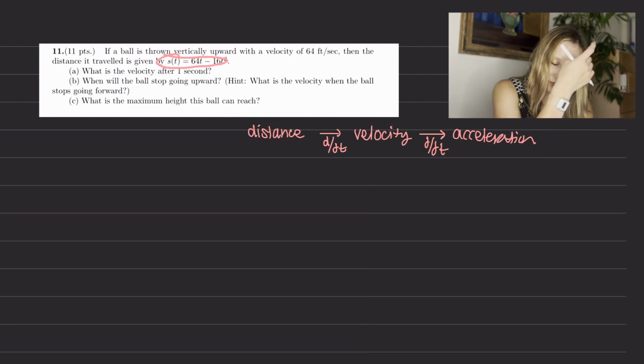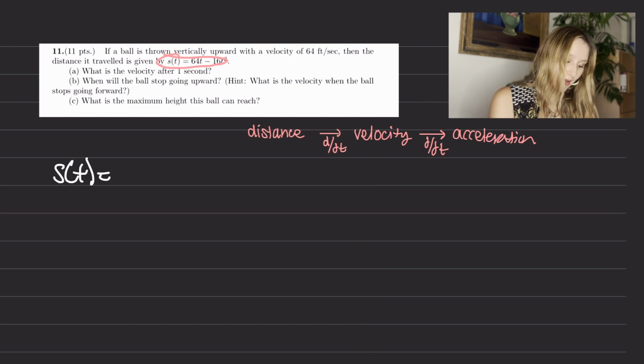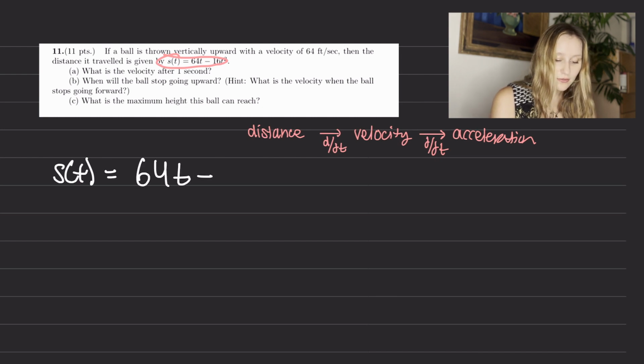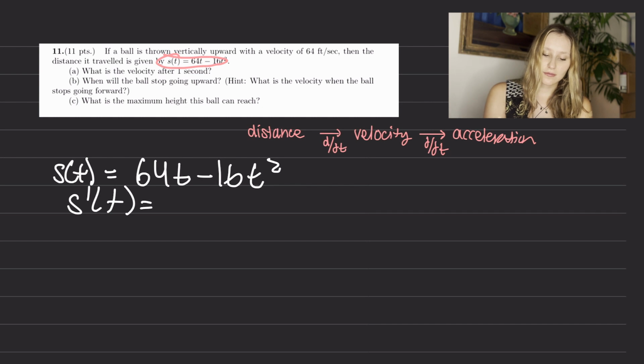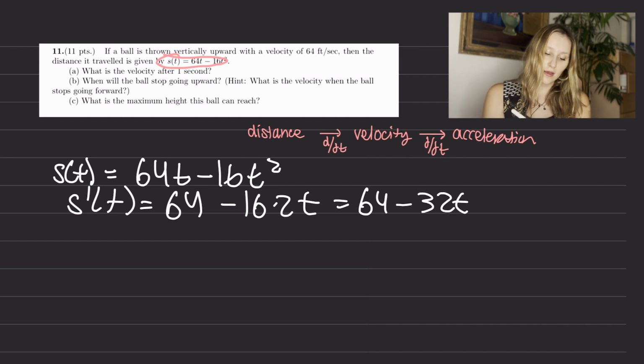Okay. What is the velocity after 1 second? Oh my gosh, you guys. We know exactly what to do. So we take this distance function, take that derivative, plug in the time.